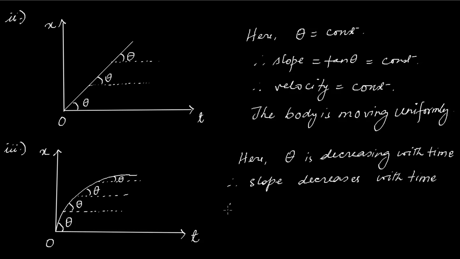That means velocity decreases with time. So this is a non-uniform velocity, and since the velocity is decreasing with time, this is retardation or negative acceleration.